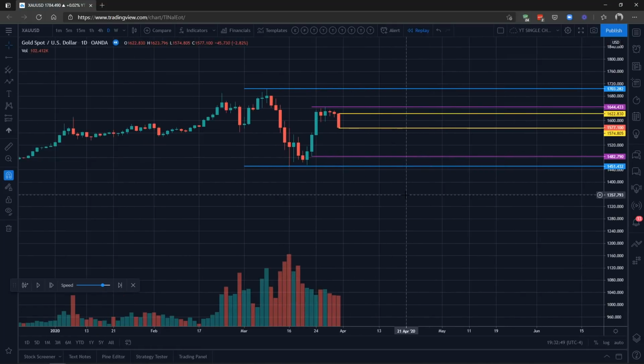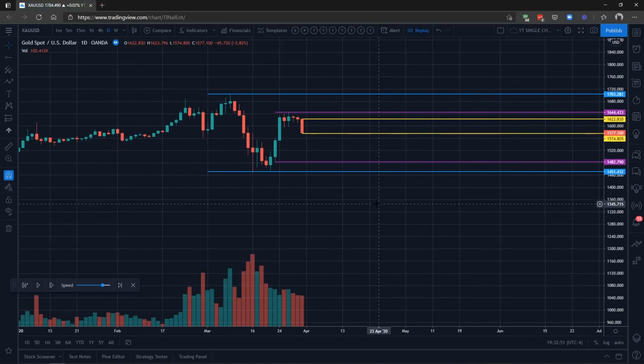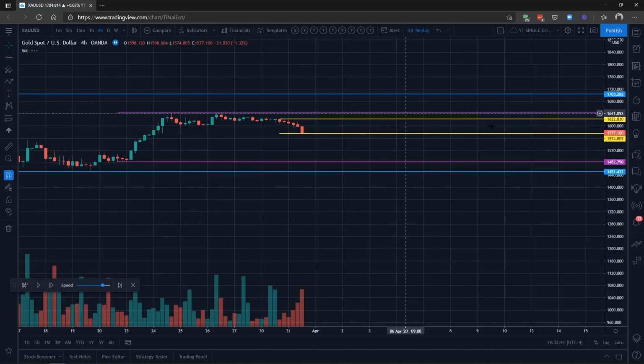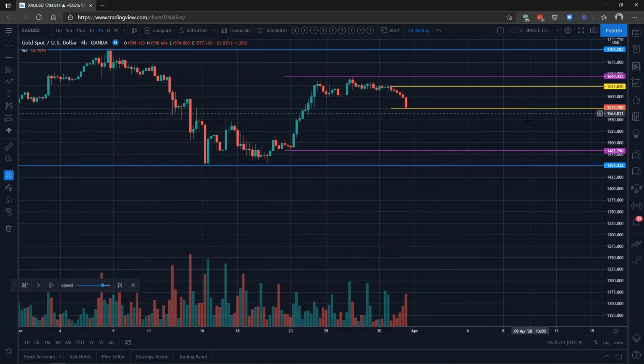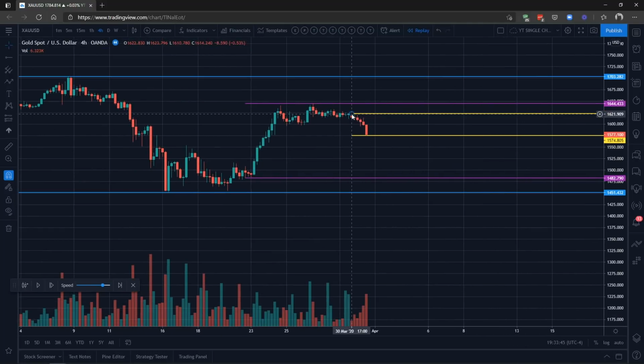You've got these 4 levels. Now, the last thing you can do is drop down intraday and see what that looks like. So let's drop down into the 4-hour time frame here. We have identified the prior day high and the low.